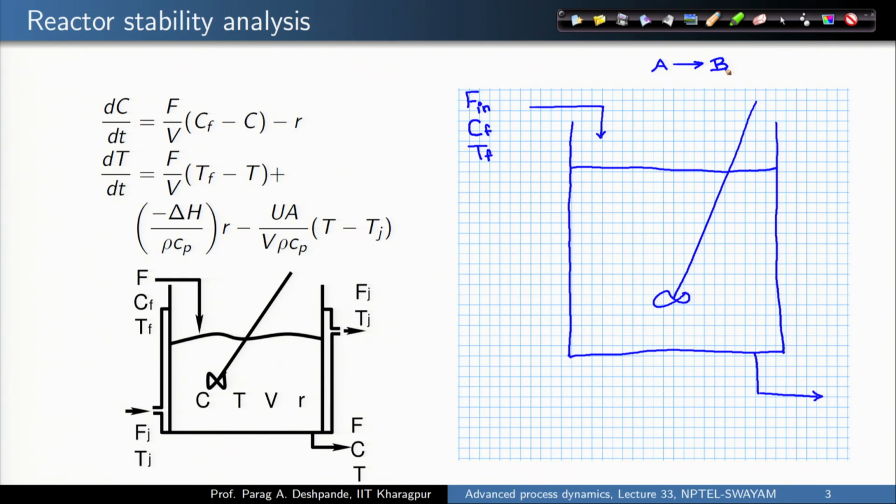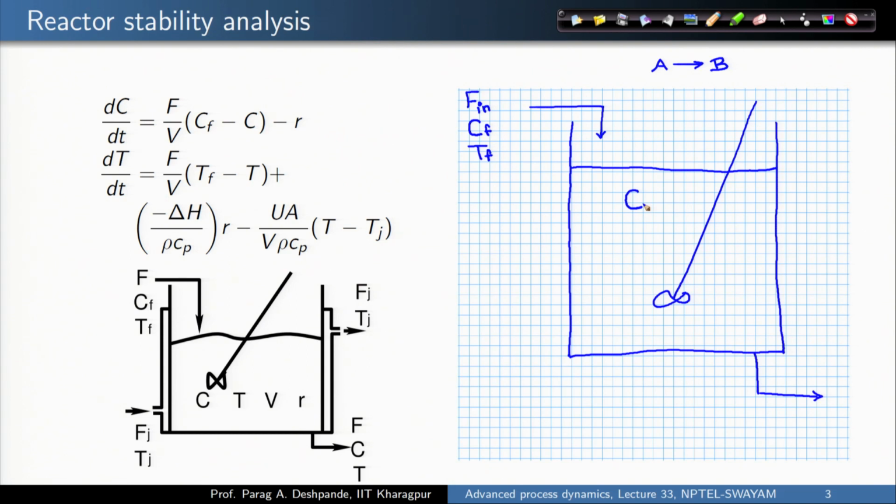So, C everywhere in our notation simply refers to the concentration of the species A. So, now once the species enters into the reactor, the reaction takes place and that well mixed contents have the concentration C. So, concentration of A inside the reactor is simply denoted by C.